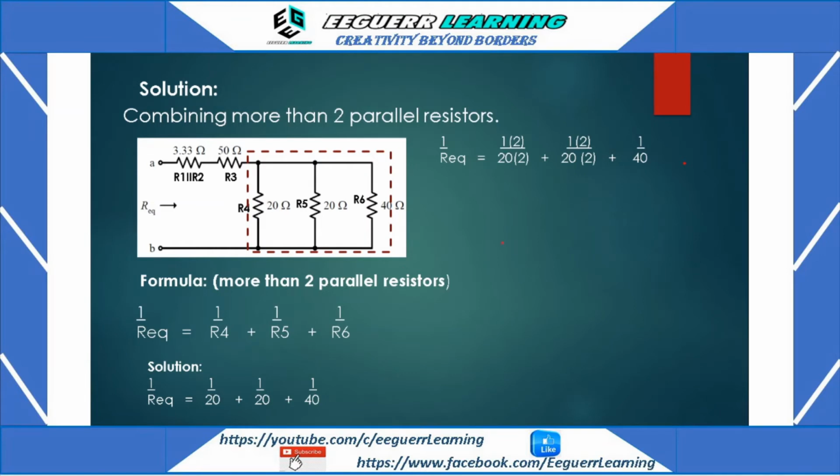Since we have 40 here, we're just going to multiply this 1 over 20 by 2 and 2 to make it 40, similar to this, and this one, 1 will be multiplied by 2 and 20 will be multiplied by 2 to make it similar to this denominator.